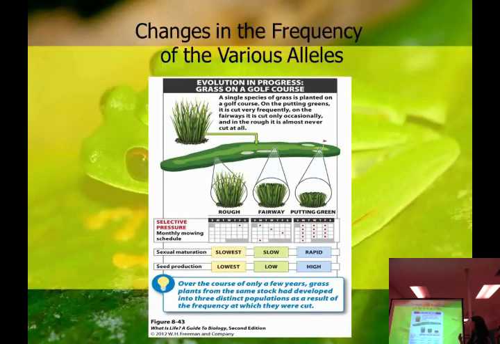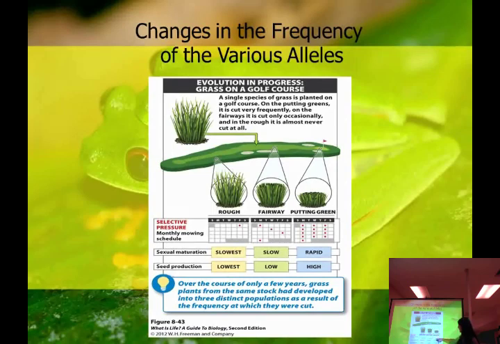They actually, a single species of grass is planted on a golf course, because on the putting greens they cut it so frequently, and on the fairway it's only cut occasionally, and in the rough never cut at all, they've actually had this selective pressure. So here's our monthly cutting schedule.